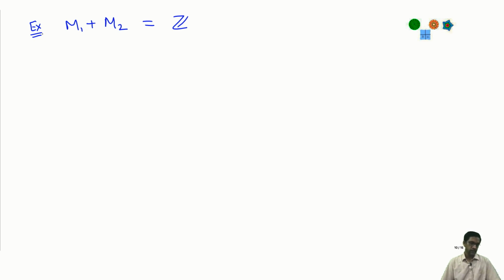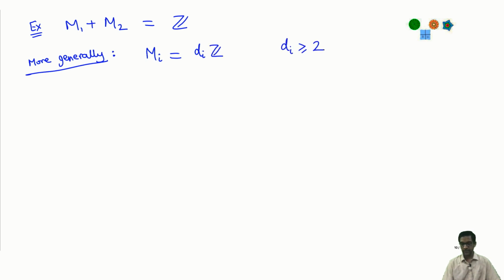And more generally, you can prove this using either of the two descriptions. If I take submodules of Z of the following kind, various multiples, let the di be integers which are at least 2. So if I have, let's say, a finite collection of submodules, with i going from 1 to some r, I take multiples of d1, multiples of d2, and so on.